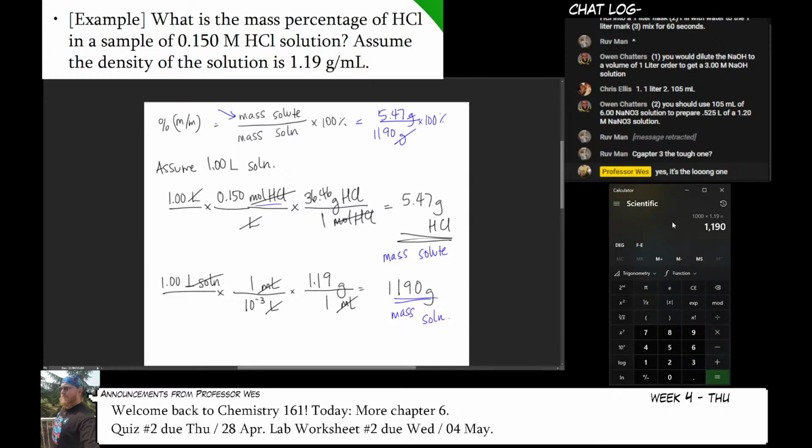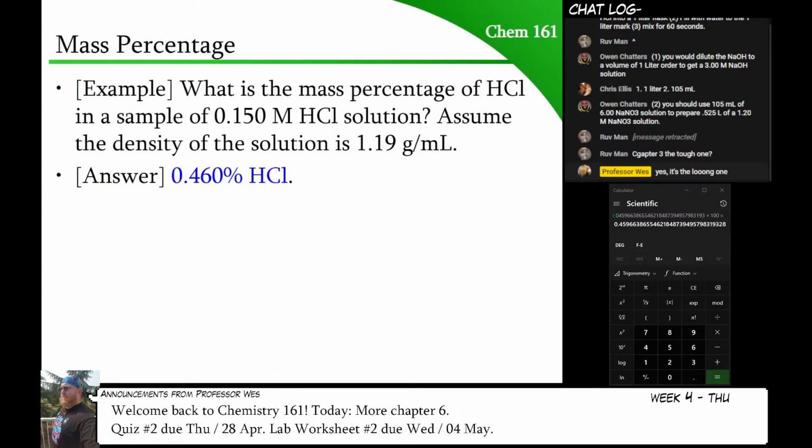I get 5.47 over 1190 times 100. So this solution should be 0.460% HCl by mass. And look at that, that's what we get.